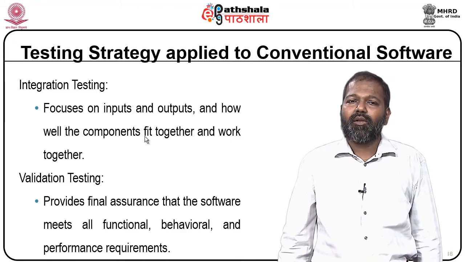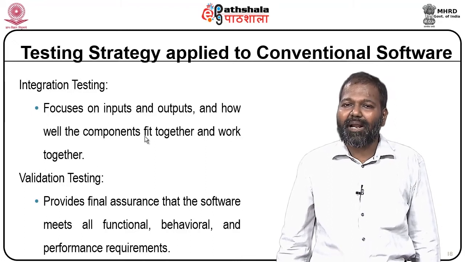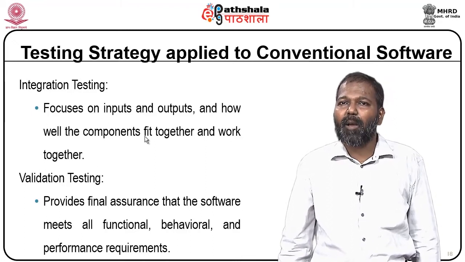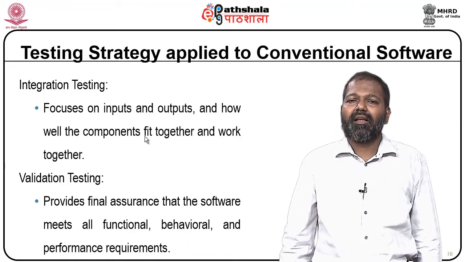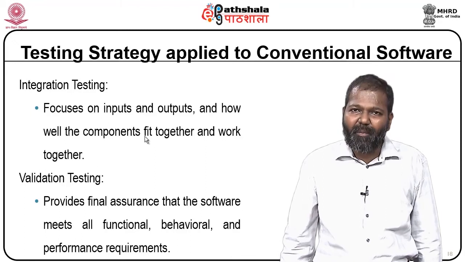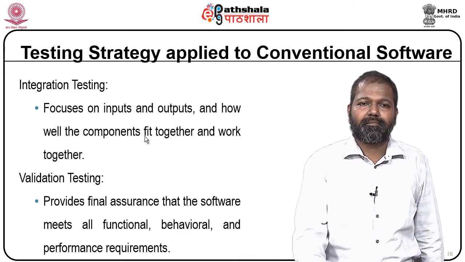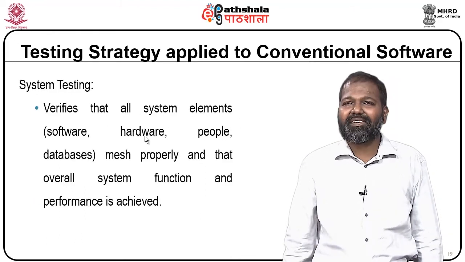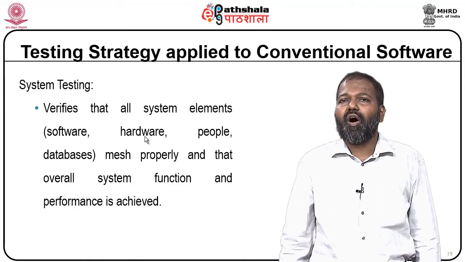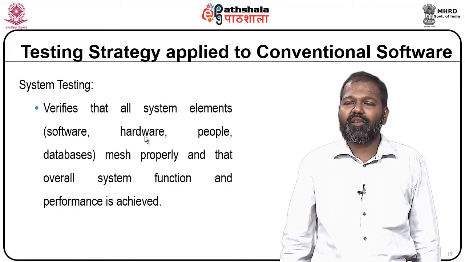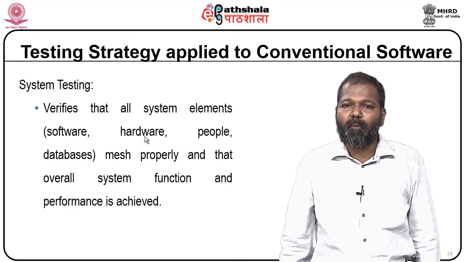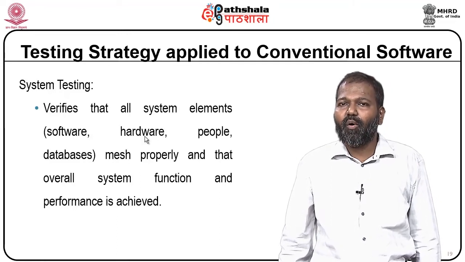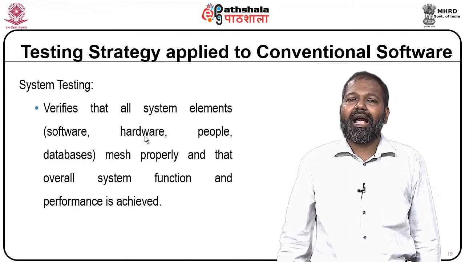Validation testing provides final assurance that the software meets all functional, behavioral and performance requirements. System testing verifies all the system elements, software, hardware, people, databases mesh properly and that overall system function and performance is achieved.